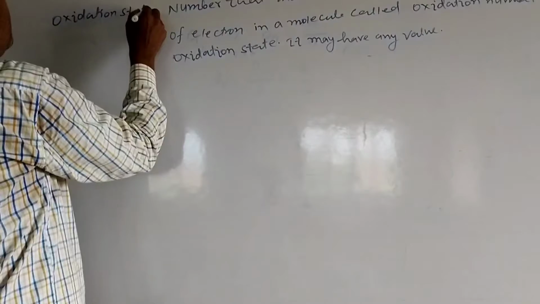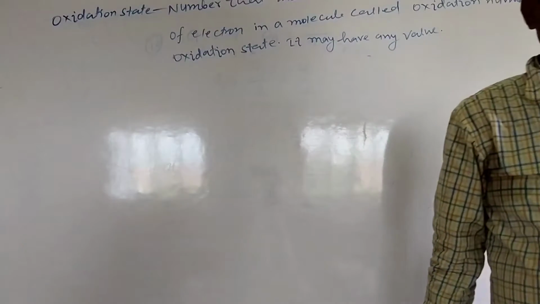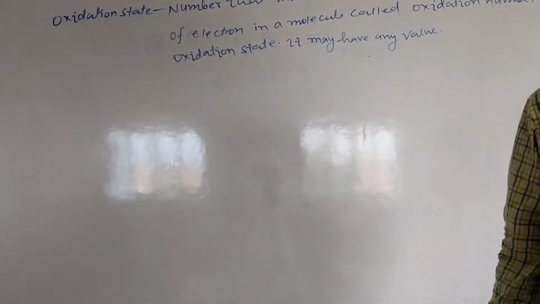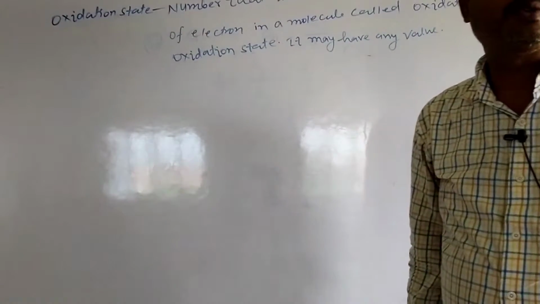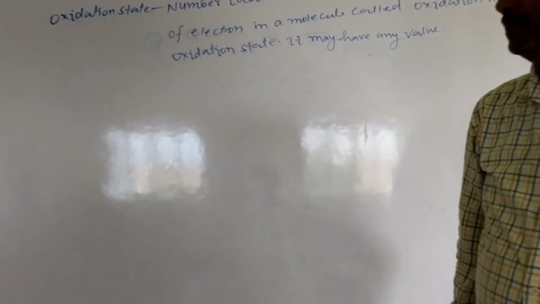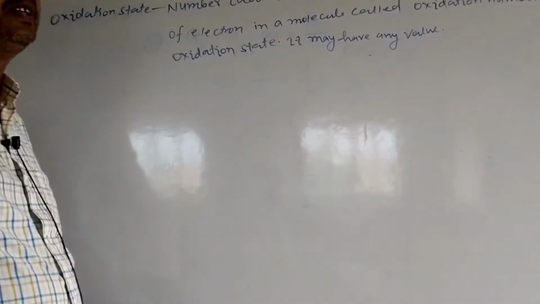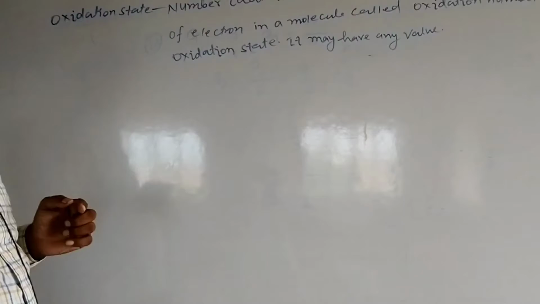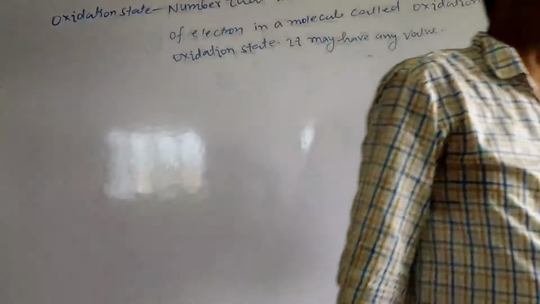Oxidation state or oxidation number may have any value, negative or positive or fraction or zero, while valency is always a positive or negative whole number. So there are some rules on the basis of which we determine the oxidation state of a particular atom in a given molecule.